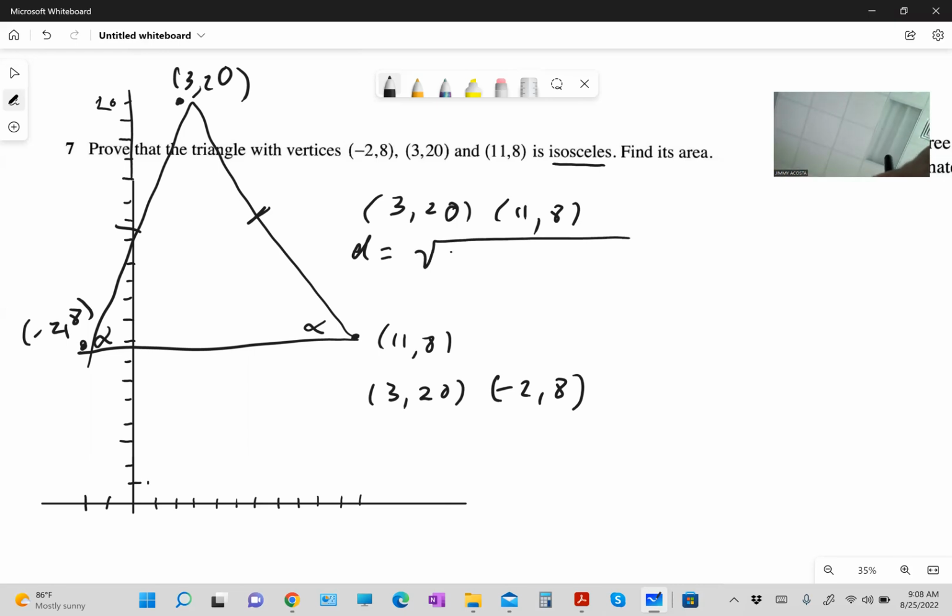Distance equals the square root of (x2 minus x1) squared plus (y2 minus y1) squared. So that's going to be distance equals the square root of (8 minus 20) squared, right, and then you have (11 minus 3) squared.